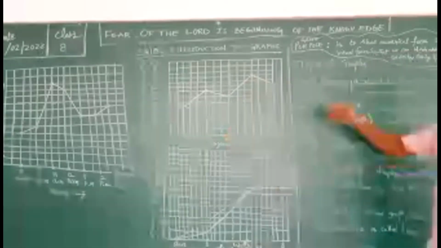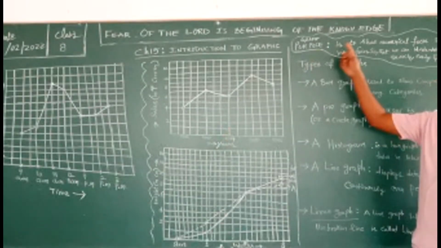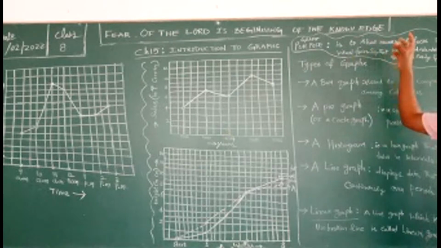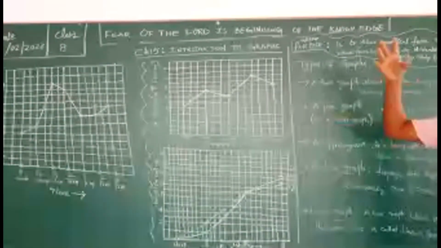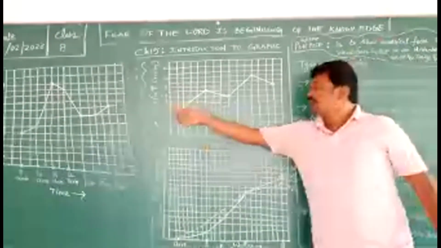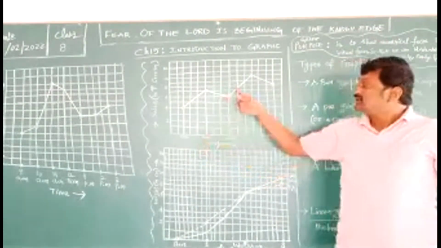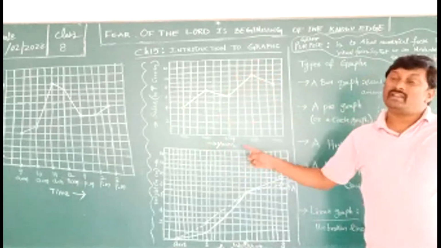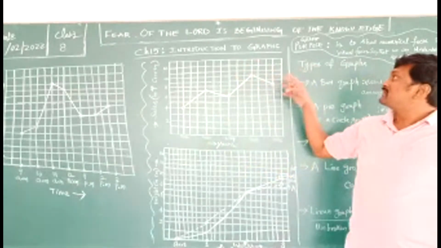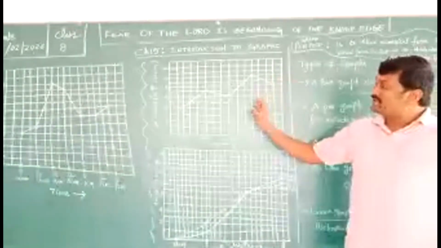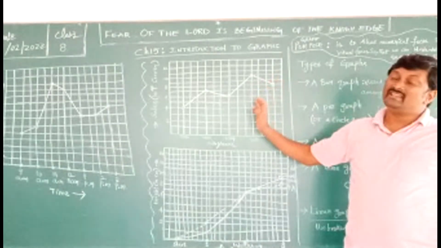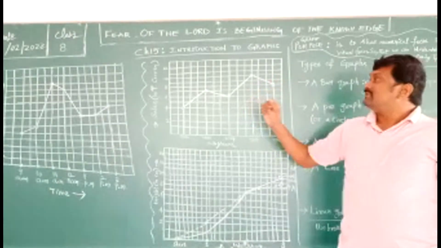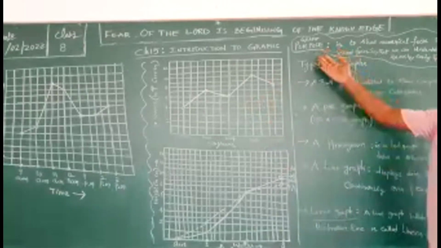So that means the purpose of a graph is to show numerical facts in visual form. These are the numerical facts that you are representing in a visual form. So the purpose is that you have to understand the concept easily and quickly, then we can use this graph.